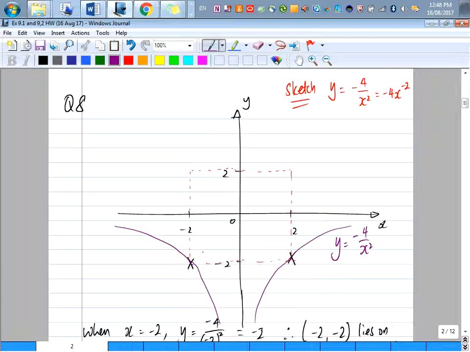Oh, 2 and negative 2, negative 2 and negative 2 here. Yeah, how do you get this point in the first place? I'm sure you made a mistake. You go and check your work. Sorry? Yes, for a straight line, I want at least 3 points. Any questions? Otherwise, that's all for our 9.1.